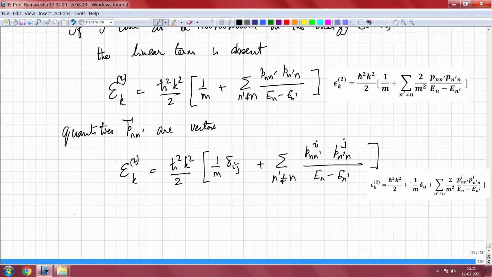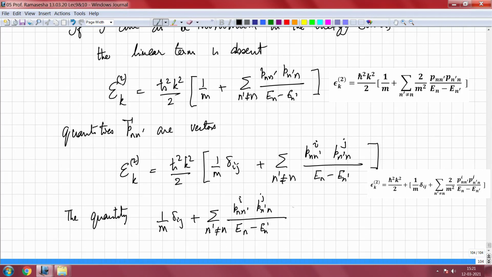Or I can say that the quantity (1/m)δ_ij plus sum over n' not equal to n of p_nn'^i p_n'n^j divided by E_n minus E_n' can be considered to be equal to 1 upon m*_ij.